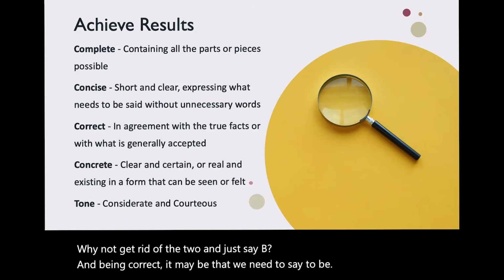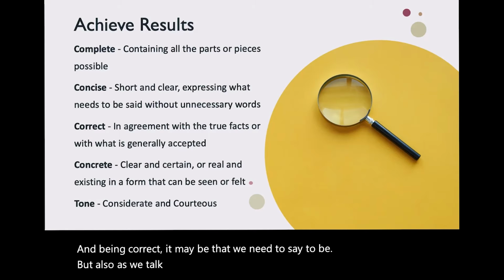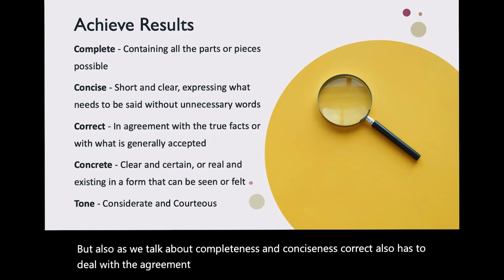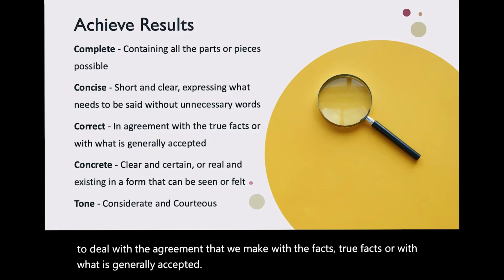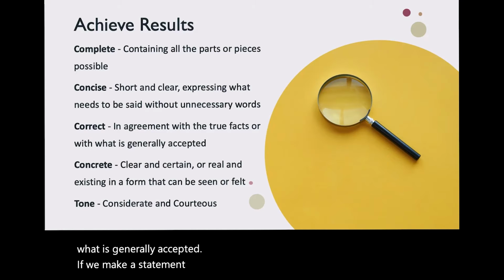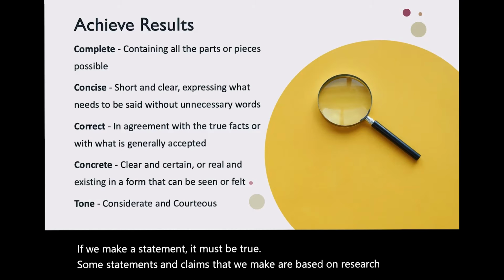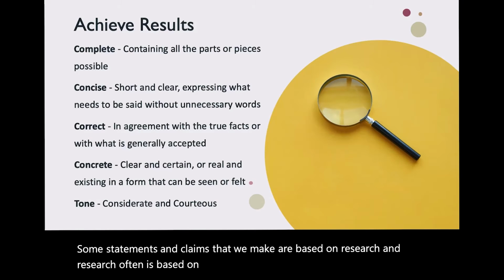But also, as we talk about completeness and conciseness, correct also has to deal with the agreement that we make with the facts, true facts, or with what is generally accepted. If we make a statement, it must be true. Now, some statements and claims that we make are based on research, and research often is based on hypotheses. That hypothesis is an educated guess.